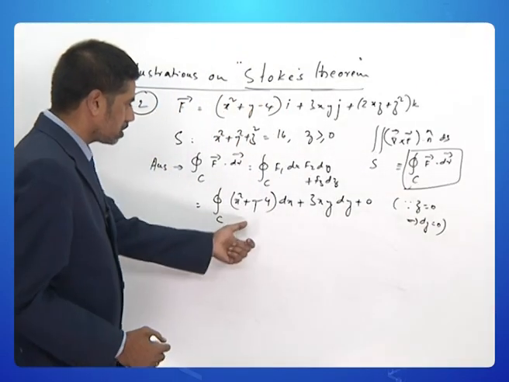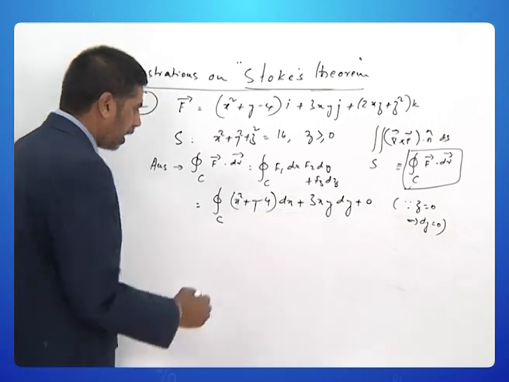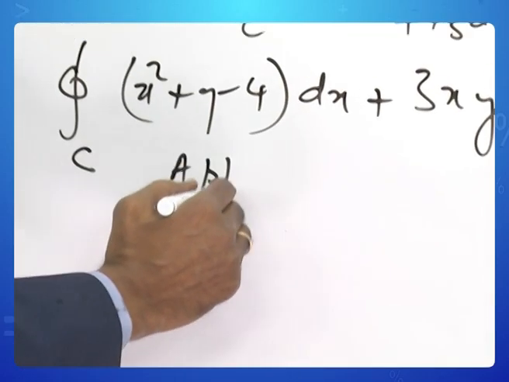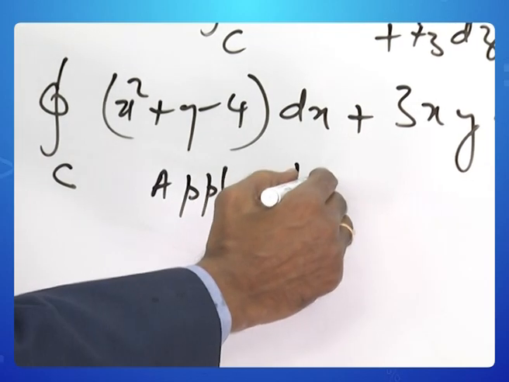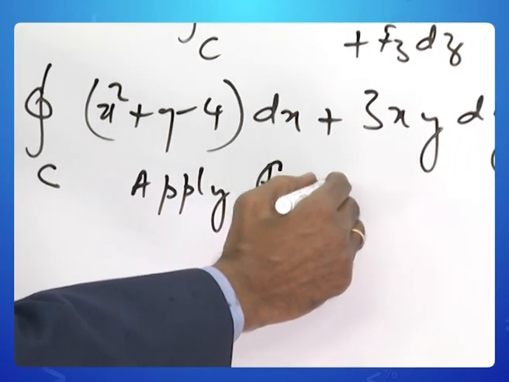So we are left with only this part, and a natural reaction will be apply Green's theorem.